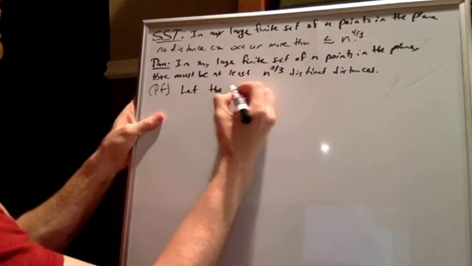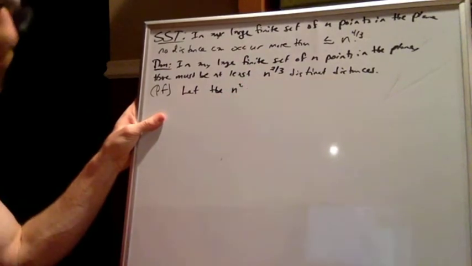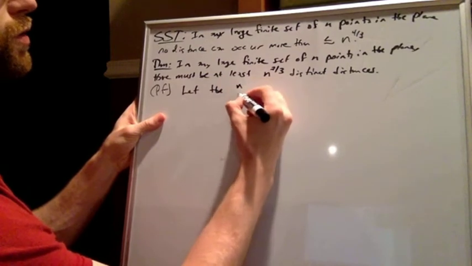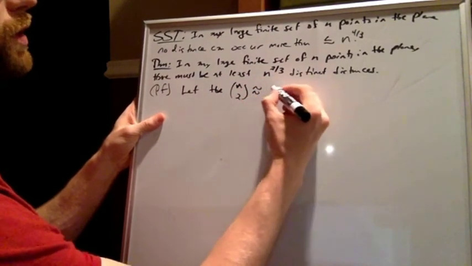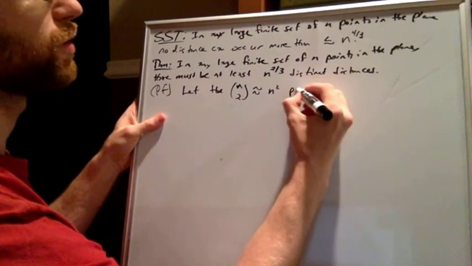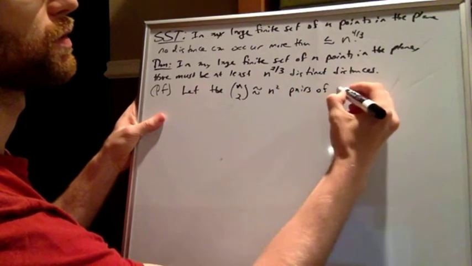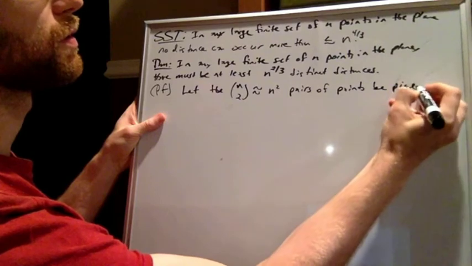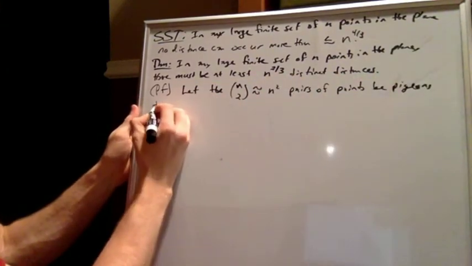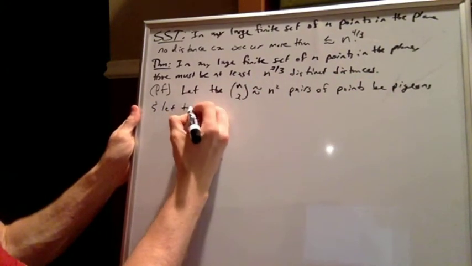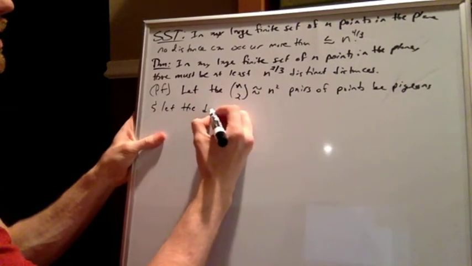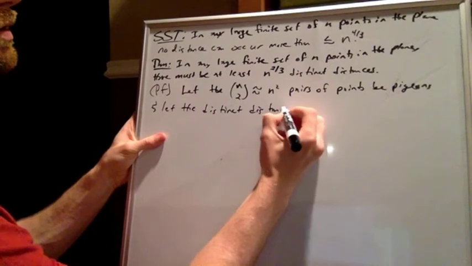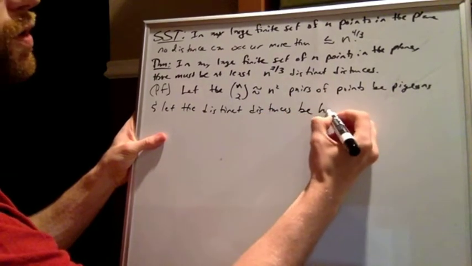How many pairs of points do we have? N choose 2, which is roughly n squared pairs of points. Let the pairs of points be pigeons, and let the distinct distances be holes.